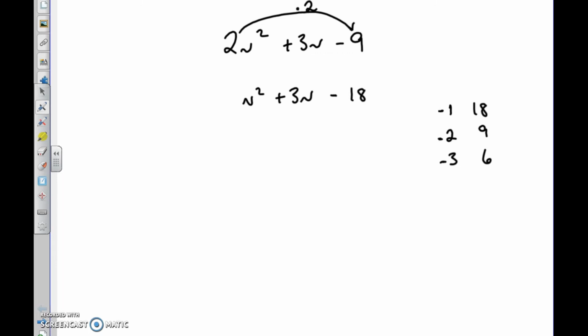So let's see. When we add these together, which one will give me the positive 3 on the inside? So if I take negative 3 plus 6, I can see that's going to give me the positive 3 in the inside. So we can now use the factors of negative 3 and 6. We write this as n minus 3, just like we did earlier, times n plus 6.